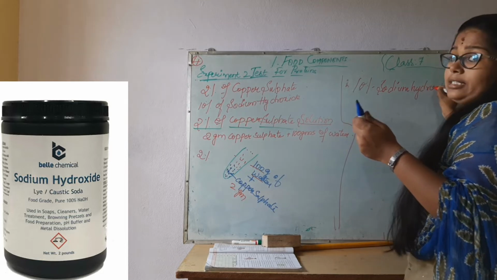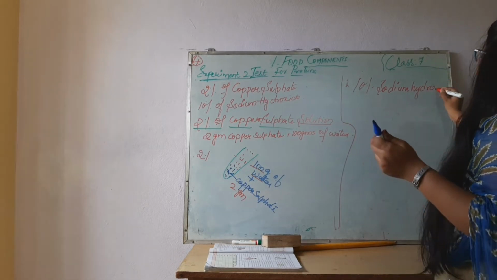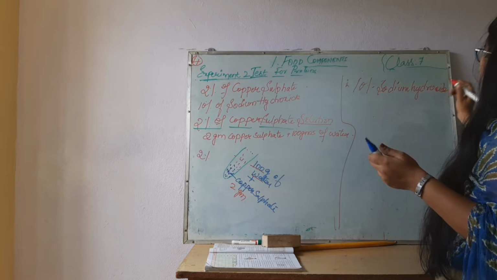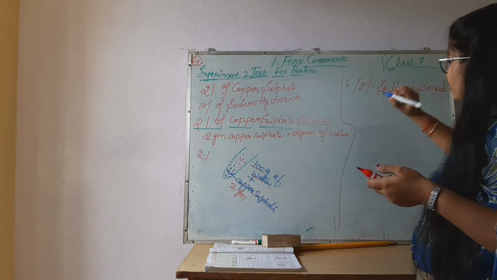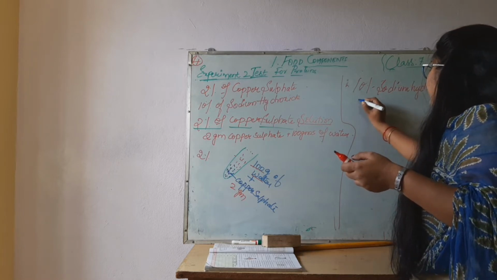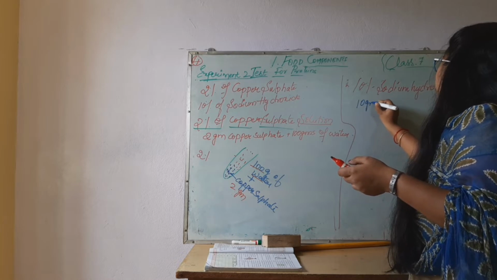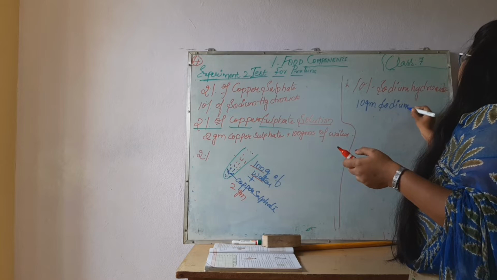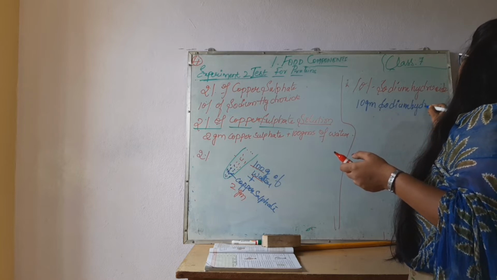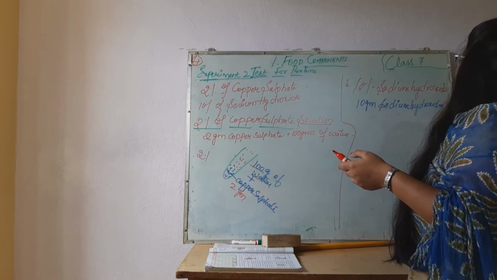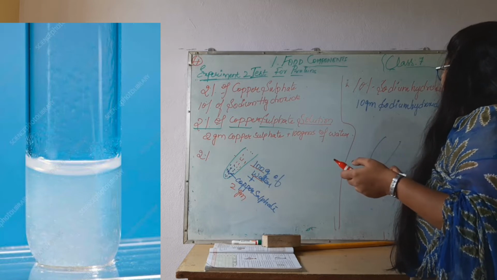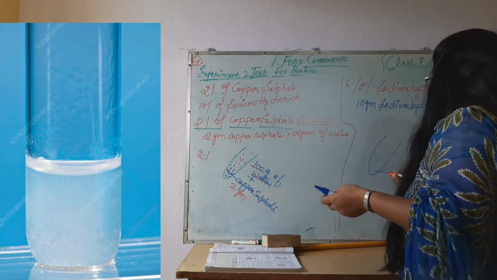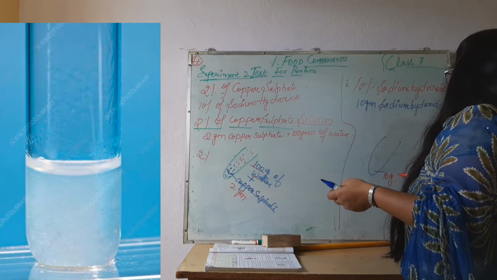How to prepare this 10% sodium hydroxide? Easy. Take 10 grams of sodium hydroxide in a test tube.